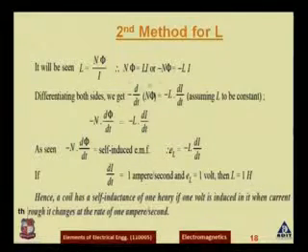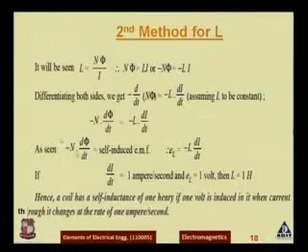Now differentiating both sides with respect to time, assuming that L is constant, L will be taken outside, and here it will be d/dt of Nφ. So we will get the relation, minus N dφ/dt is equal to minus L di/dt.